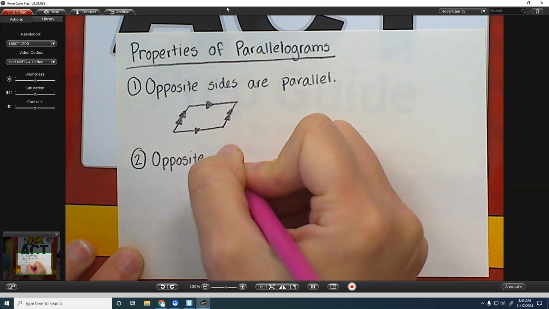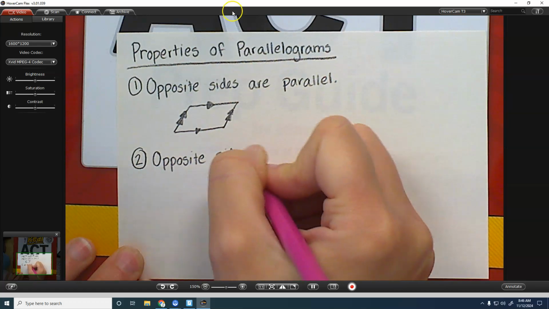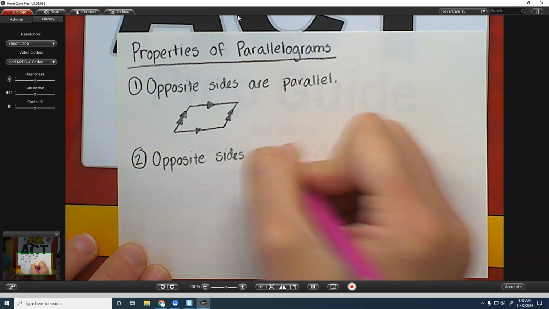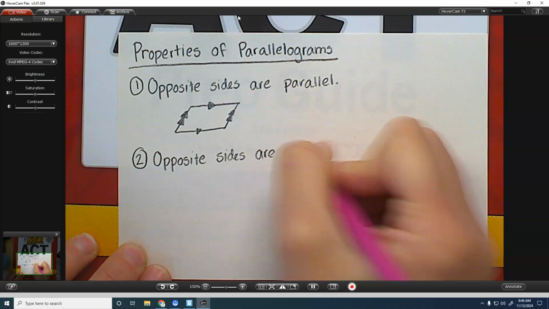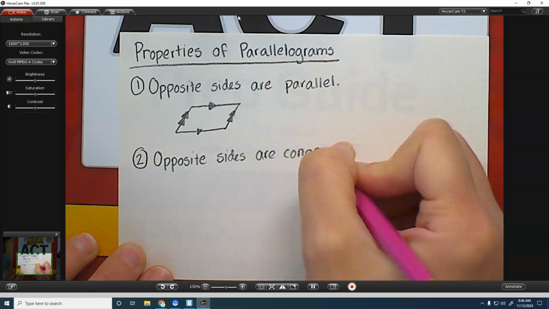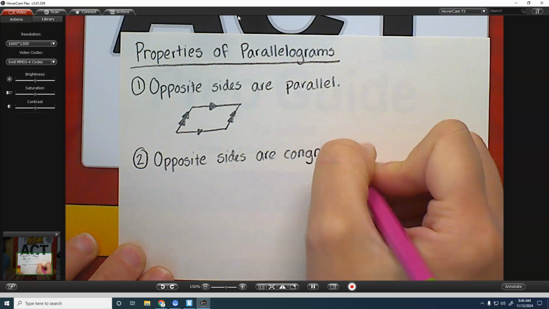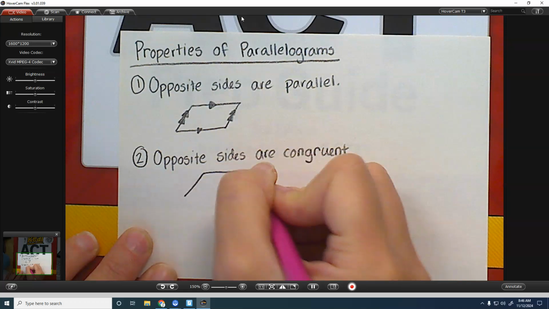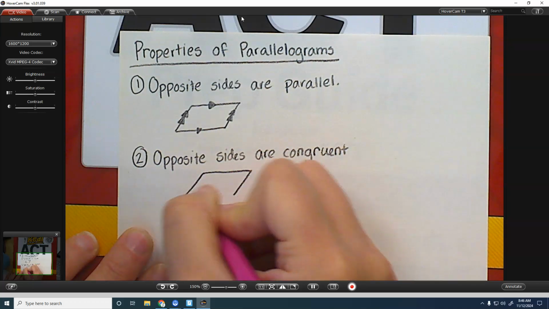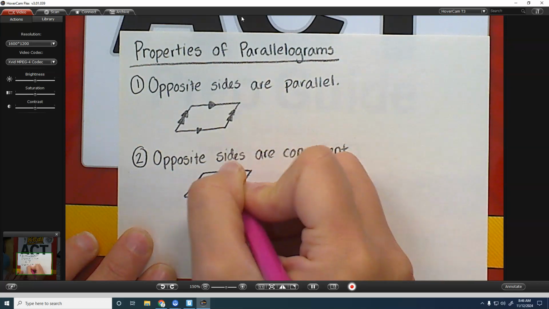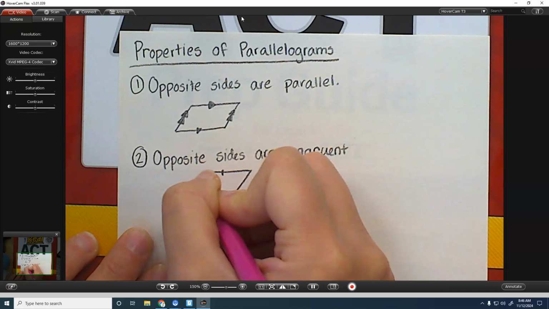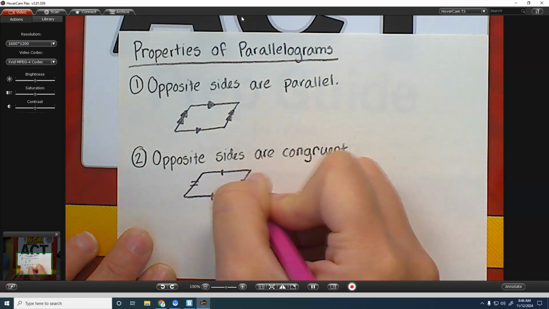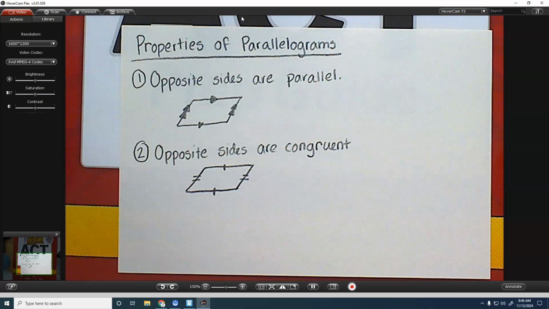Opposite sides are congruent. Here, so in a parallelogram, the sides across from each other are congruent.